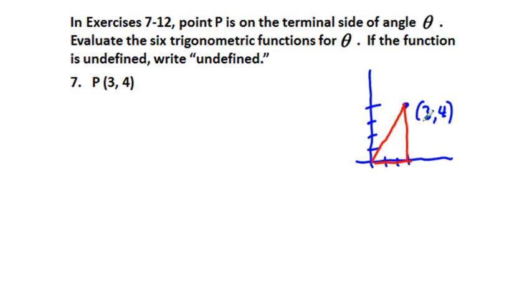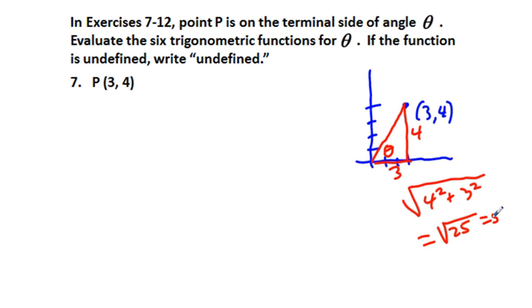If this is theta, our opposite side is going to be 4. The length right below the triangle is 3. And then the hypotenuse is going to be square root of 4 squared plus 3 squared, which equals square root of 25, which equals 5. So our hypotenuse is 5.